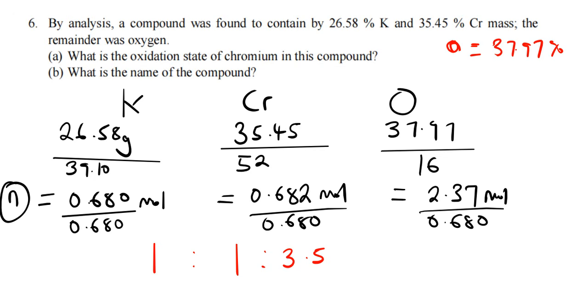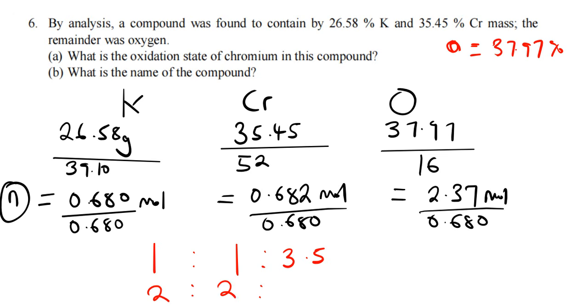We don't want decimals in terms of finding the empirical formula, because it's from the empirical formula that we're going to find the oxidation state of chromium in that compound. So what am I going to do? To clear the fraction, I'm going to multiply everything by 2. When I multiply 1 by 2, it's going to be 2.